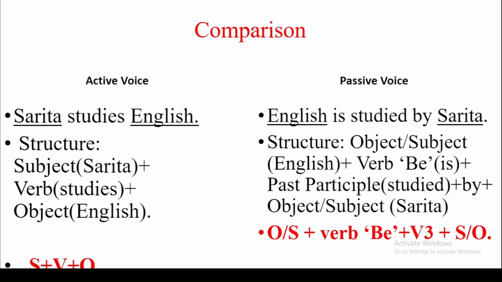Now let's see the comparison. It will make you understand very clearly. As I told earlier, the structure of active sentence is SVO, but the structure of passive is a little difficult.